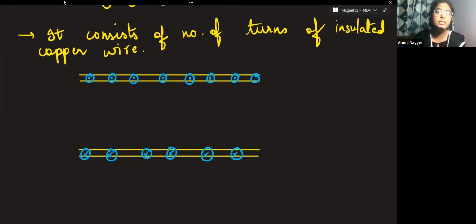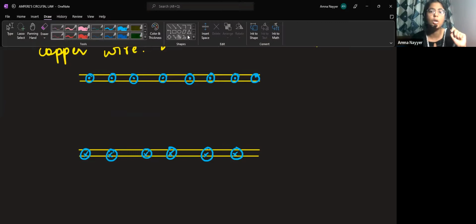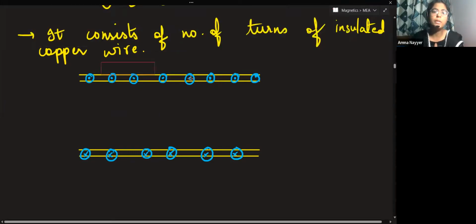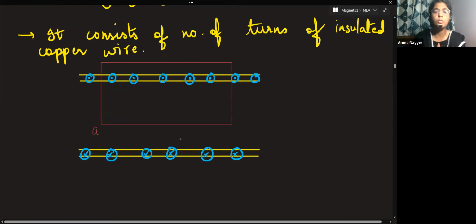Now I have to consider an Amperian loop for the calculation using Ampere's Circuital Law. The Amperian loop that I have chosen is this. This is a rectangular Amperian loop. Let me name it A, B, this is C, and this is D.